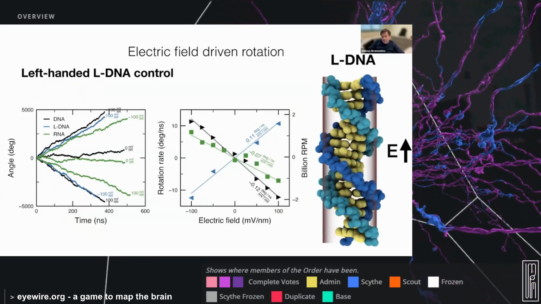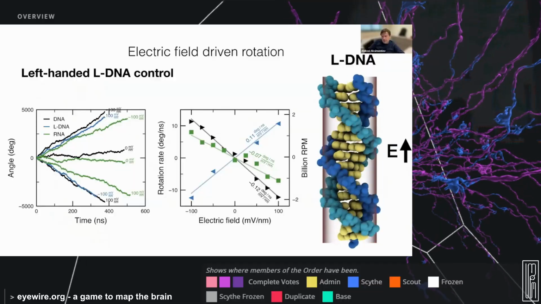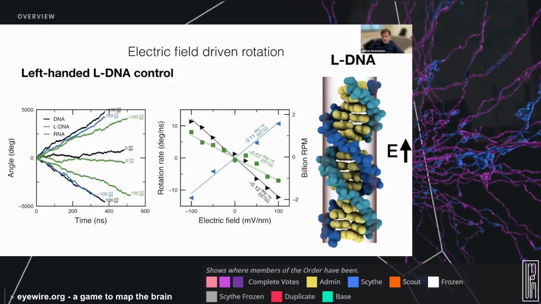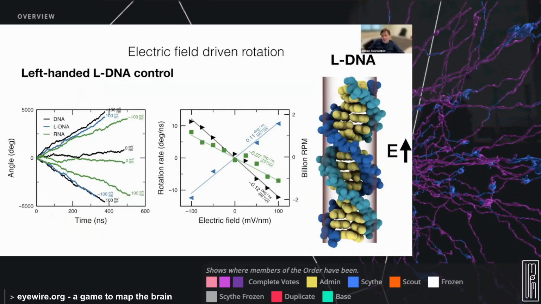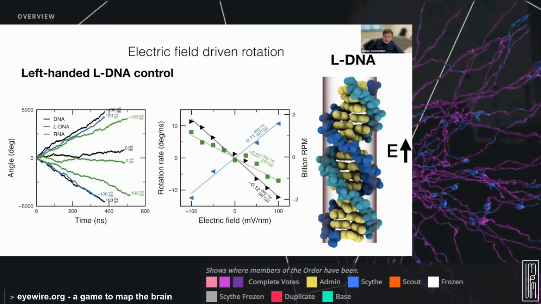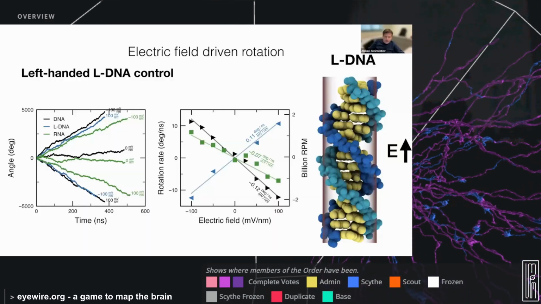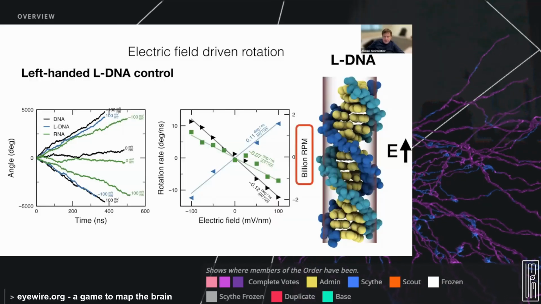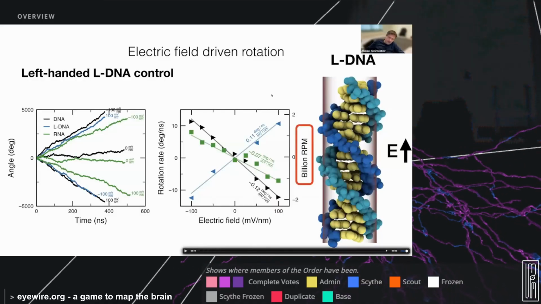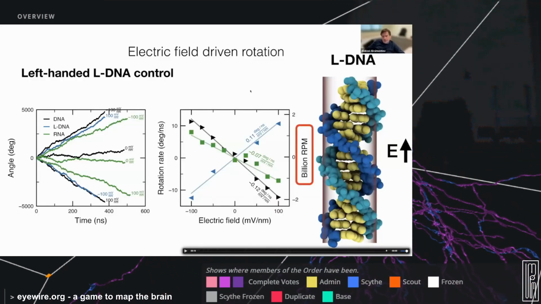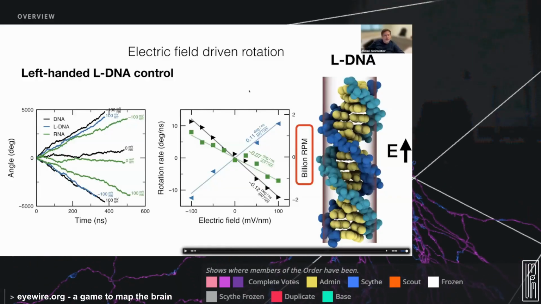The difference is only the chirality, and L-DNA rotates at just the same speed as normal DNA, just in the opposite direction, right? So that was very nice. And the thing to notice is the actual speed of rotation, which is billions of revolutions per minute. So I would argue that we've made the fastest electromotor known.